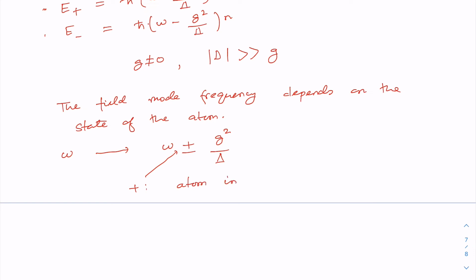What this means is that if you make a spectroscopic measurement and measure the field frequency, and you find the field frequency to be larger, because of the plus sign, than the original field frequency omega, then you will automatically know that the atom is in the excited state. On the other hand, the minus case, the lower frequency, refers to the atom being in the ground state.